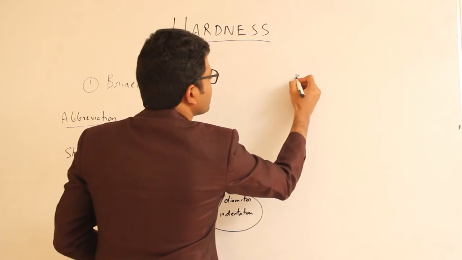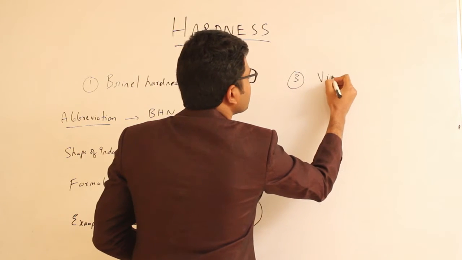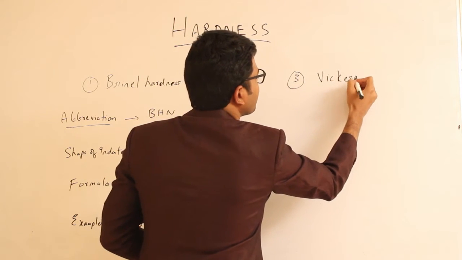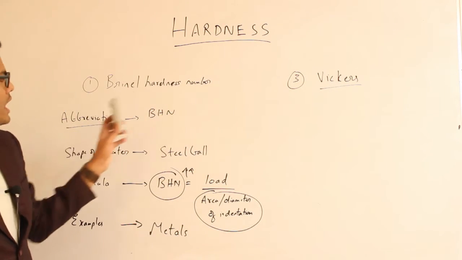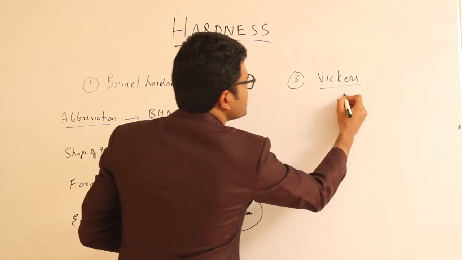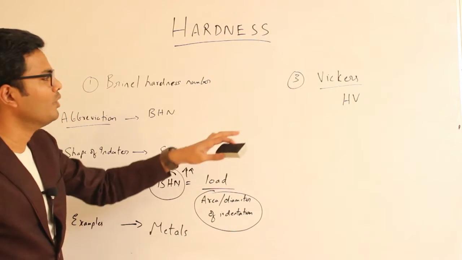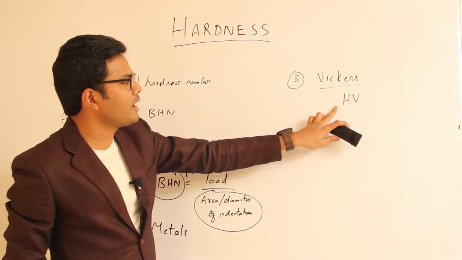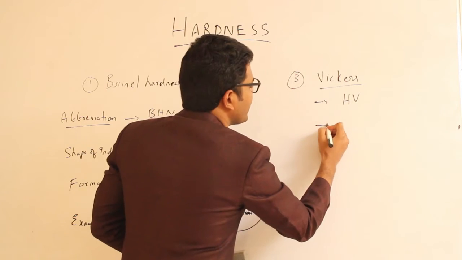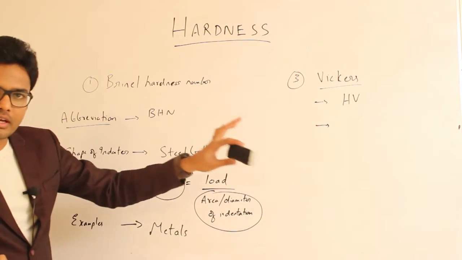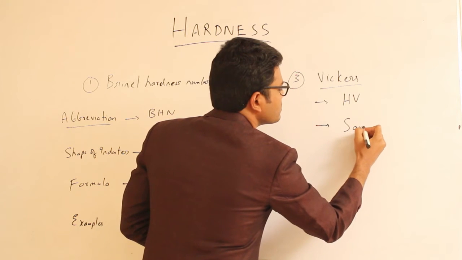Now coming to the third test, that is Vickers hardness. I'll write that as Vickers. Vickers is abbreviated as HV. This is slightly different, so we need to keep that in mind. Vickers hardness is represented as HV, and the shape of the indenter which we use in Vickers hardness is a square based pyramid.